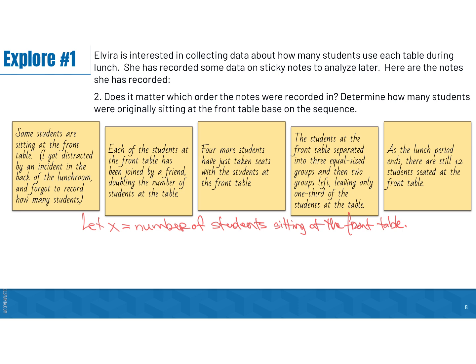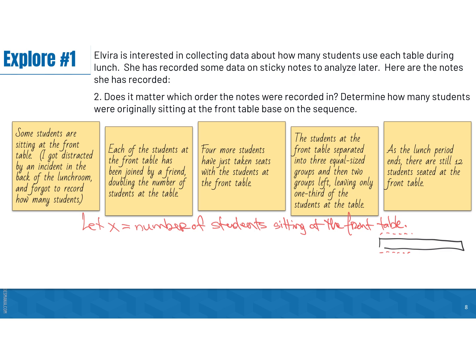At the end, if we have a table, we have 12 students. Then let's go back to the other one. The students at the front table separated into 3 equal-sized groups, and then only two groups left, leaving 1/3 of the students at the table.